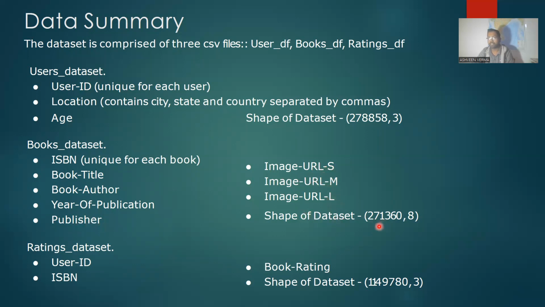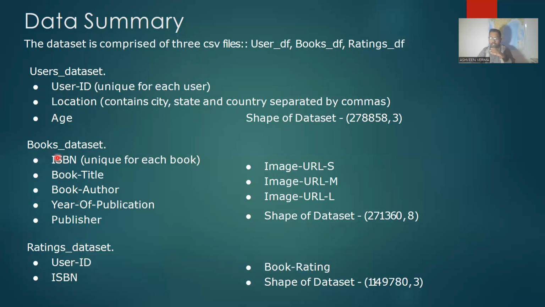Shape of the dataset is 27 lakh 1,360 by 8, and the rating dataset has user ID, ISBN, and book rating, and the shape of the data is 11 lakh 49,780 by 3. Okay, here you can see that user ID and user ID are common, and ISBN and ISBN are the same.